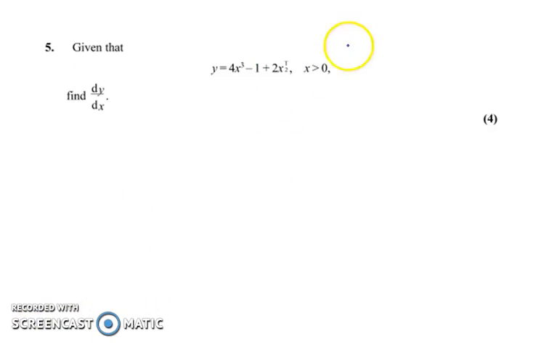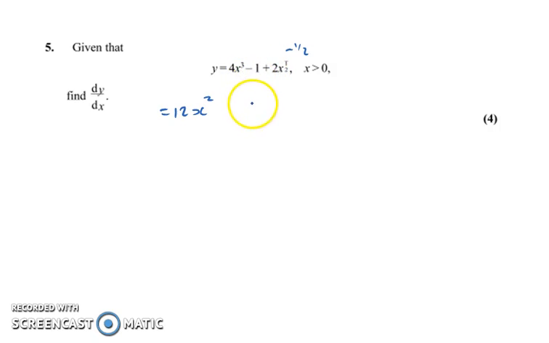Okay, moving on to question 5. This does actually say, I think, to the power of, it could say to the power of minus a half, or it could just say to the power of a half. If we treat it as to the power of minus a half, which I think it is in the original question, when we differentiate, we get 3 times 4, which is 12x. Take away 1 from the power, so I have x squared.